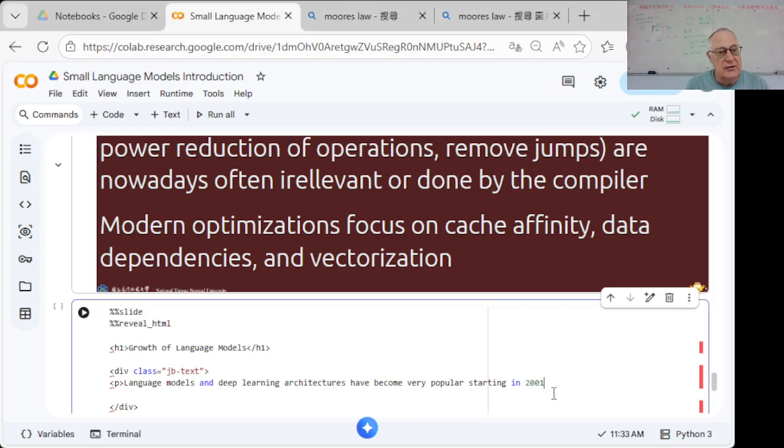The whole thing started in early 2000, with about 2018 being GPT.